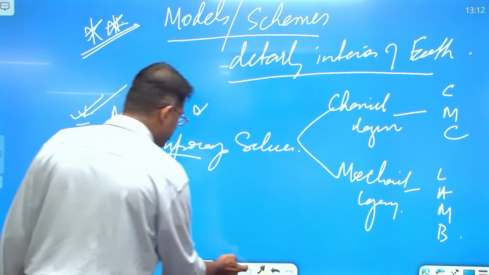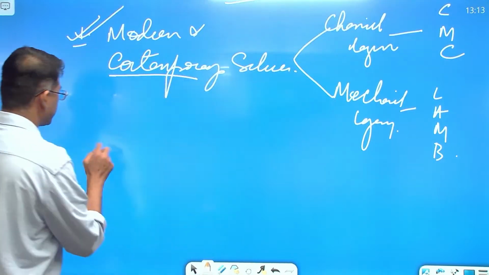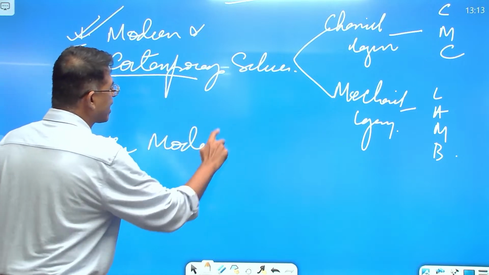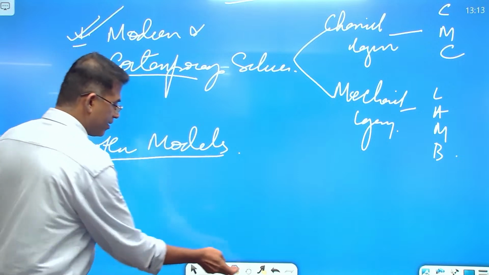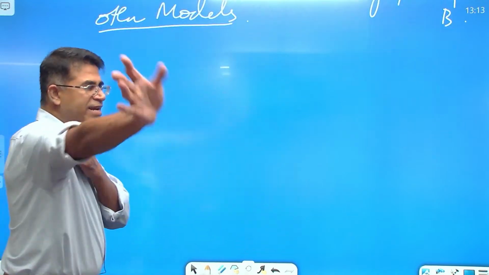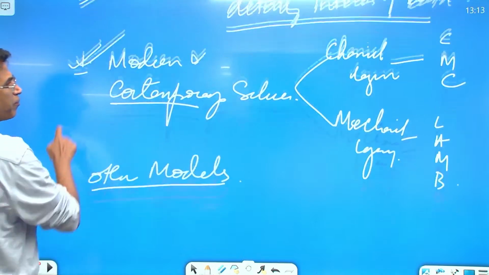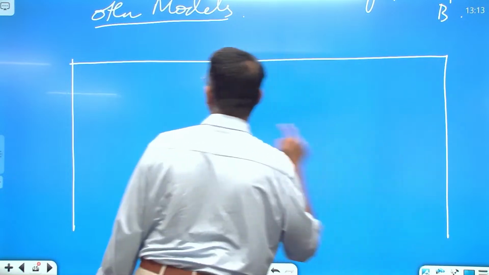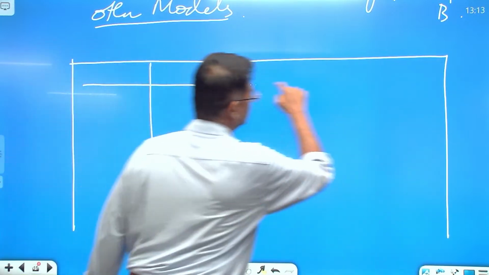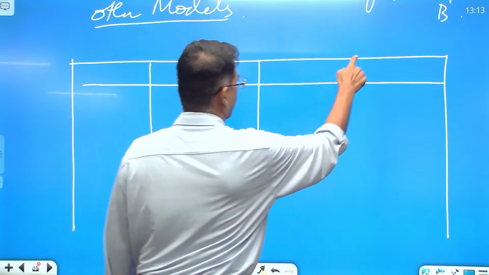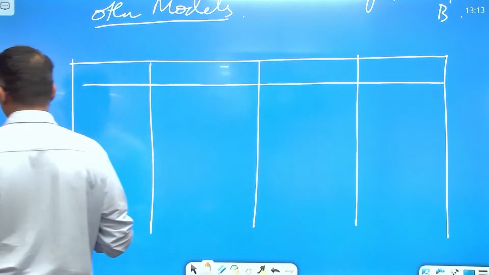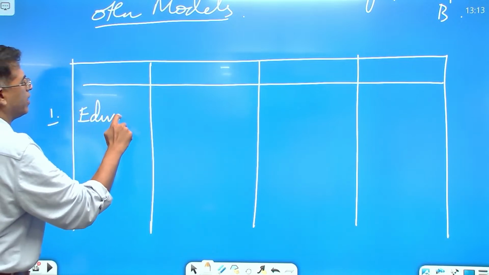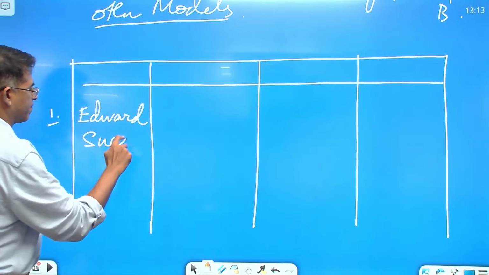The other models, we will take down like a table. Okay, so don't write now. Don't write now, wait. I'll give you the details, then you can write it down. One of the oldest models was given by Edward Suess.